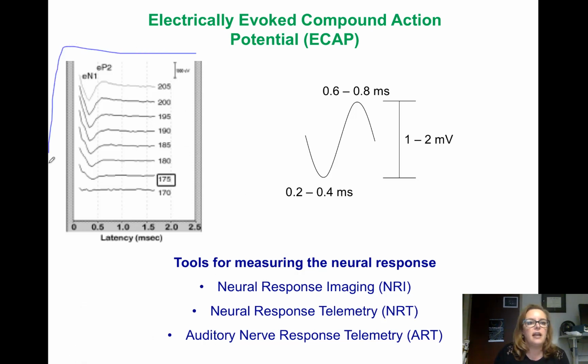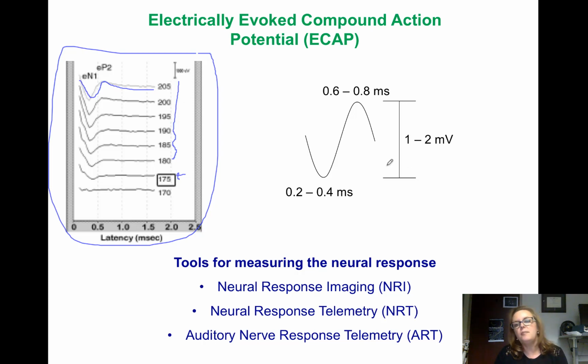Okay, so the ECAP. Let me pull up my pen again. Over here on the left is a figure showing the response. You can see the morphology of the ECAP here. This is showing a clinical level of 175, and then going up to 180, 185, 190, and all the way to 205. What you're seeing is nice growth in this response, as we would expect.